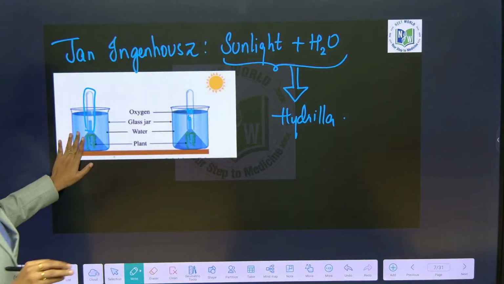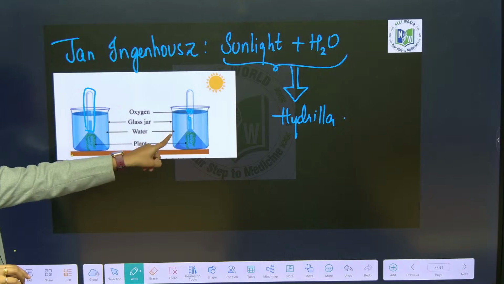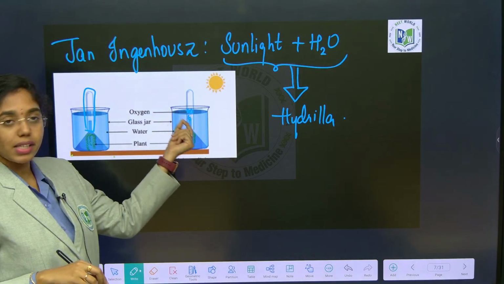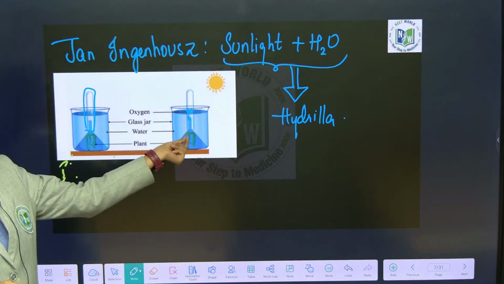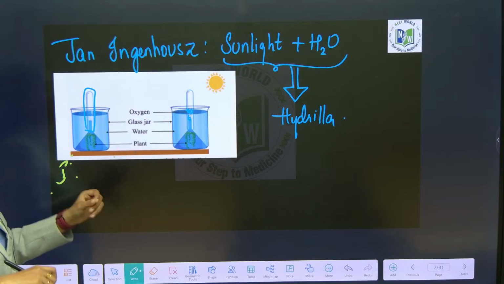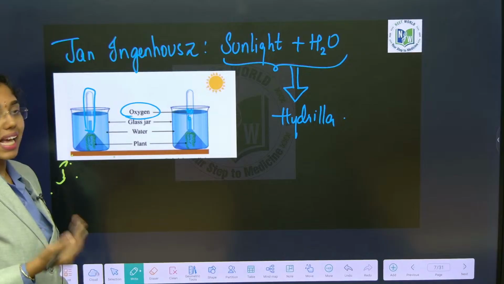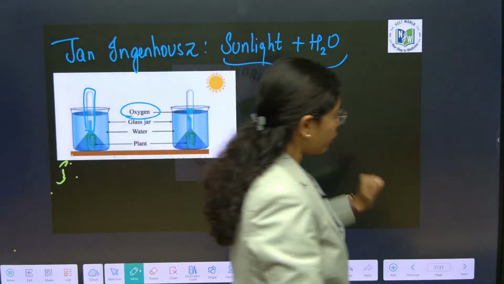When the same setup is kept in a dark room, no bubbles are found. When a lighted candle or a matchstick is kept over the test tube, it burns vigorously, indicating the presence of oxygen. As such, he proved that oxygen is liberated at the end of photosynthesis.